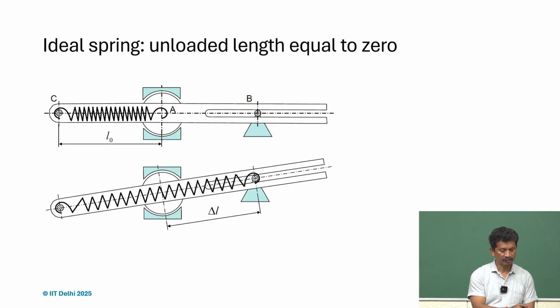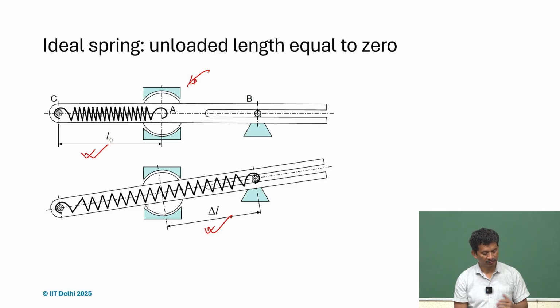Another way, as we did in the earlier cases, is if we have this pivot, and this is the initial length L0 of the spring, and we pull it and hook it to B. We can use the same extension, and the force will be F times L, whatever the position of B with respect to A.